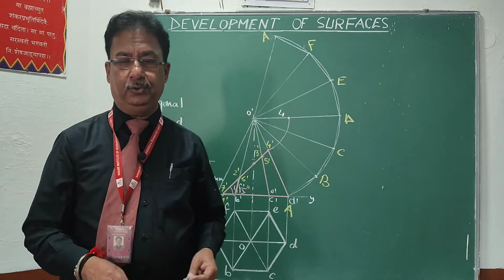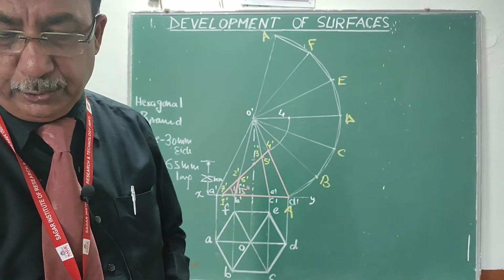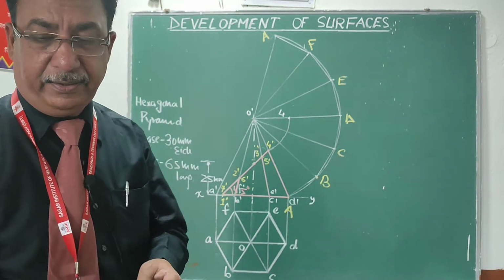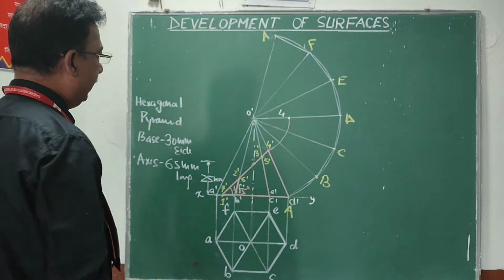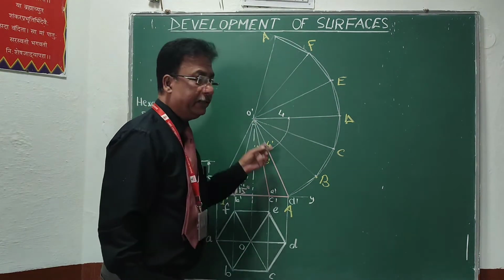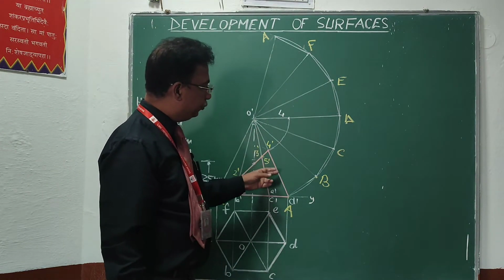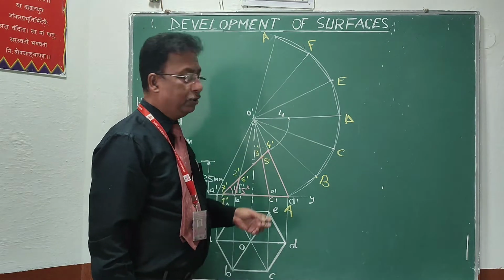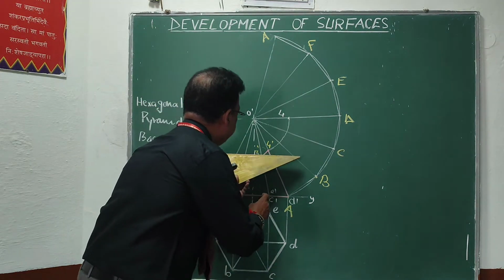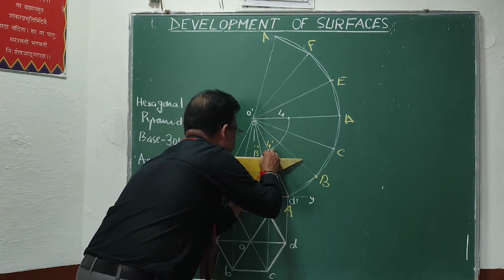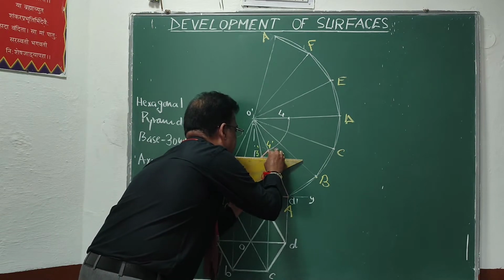So what we will do, if an edge is not showing the true length, then firstly transfer that edge into that particular edge which is showing the true length. Right now, as you know, O dash D dash will be used for the development and that is also showing the true length. So I will shift these points parallel on this line.